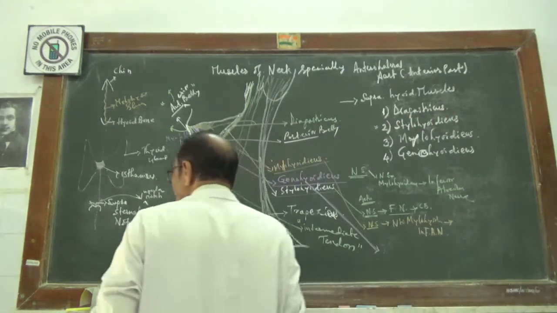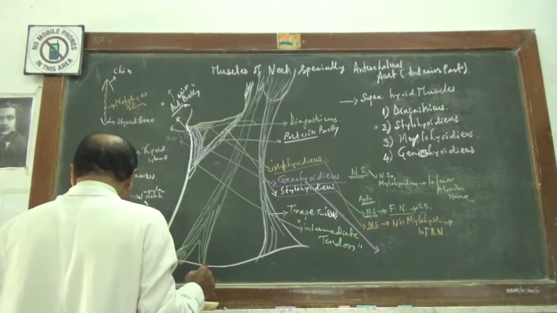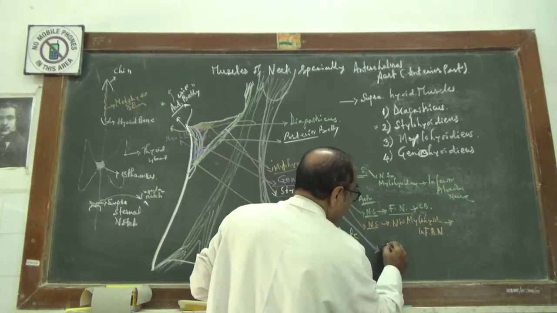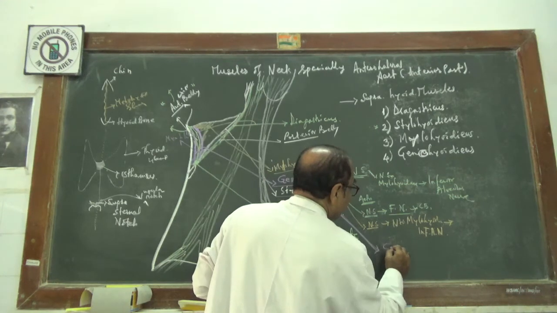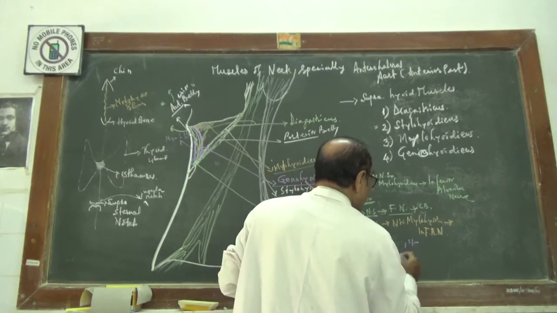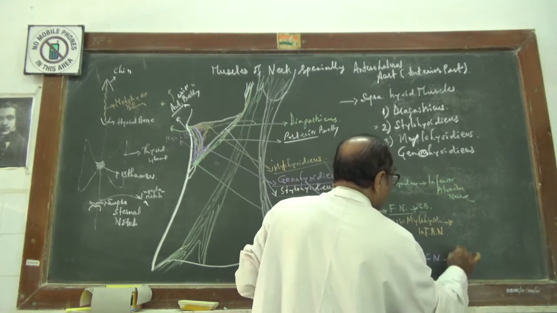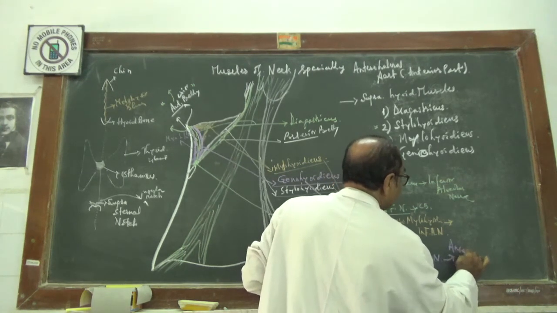Now the nerve supply for the geniohyoideus is by the first cervical spinal nerve, as well as the 12th cranial nerve branch via the ansa cervicalis.